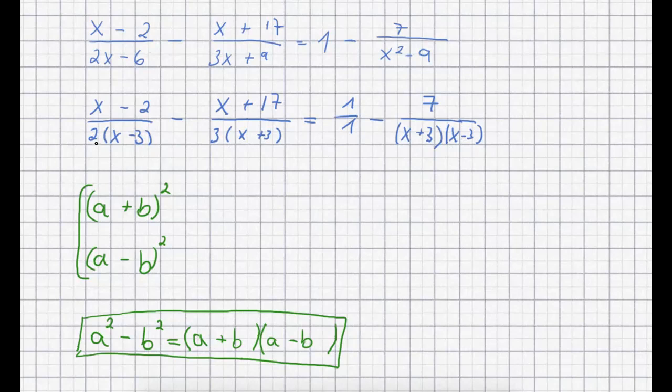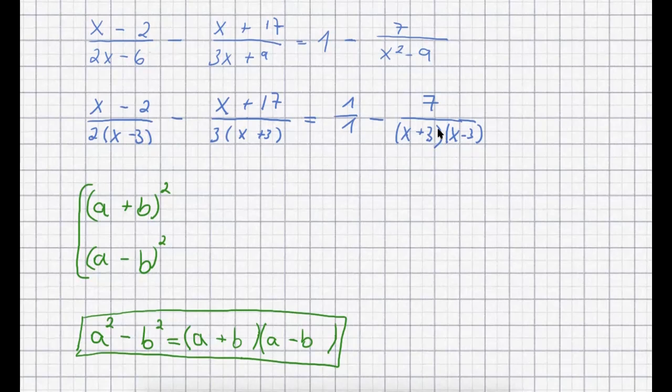It has to have 2. It has to have x minus 3. It has to have 3. And it has to have x plus 3. Now, it would also have to have 1 and this one. But x plus 3 already exists here, and x minus 3 already exists here, and 1 exists everywhere. So you were definitely right.